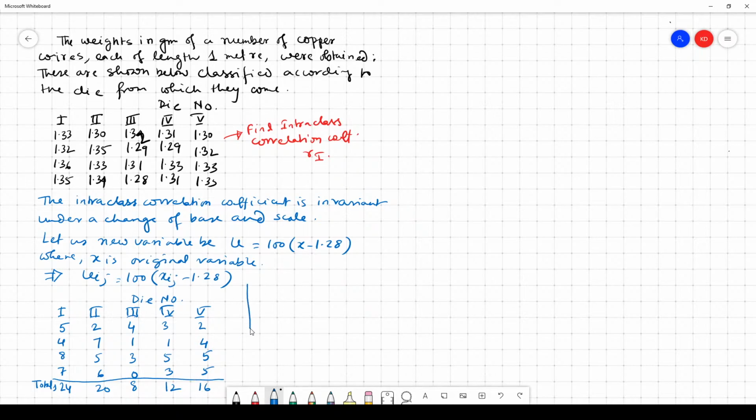So the total is 80. Just add all the values.